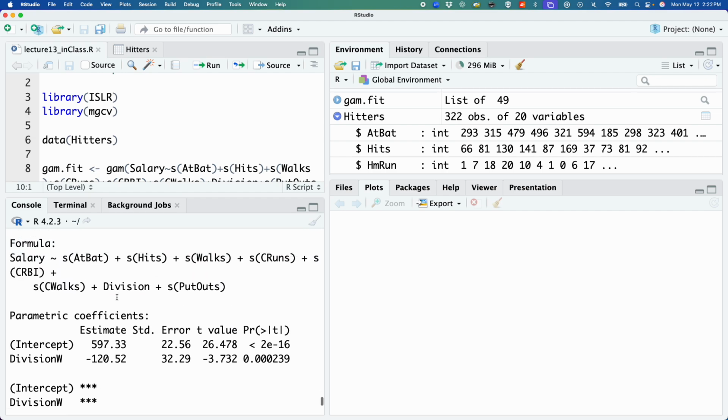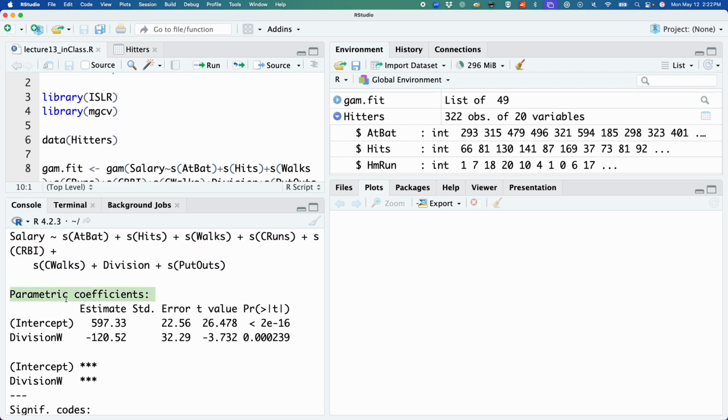you get two sets of results, one with parametric coefficients, the things that I left as parametric and did not apply a spline to, which was just one variable, the division, the discrete variable. That will give me a still regular linear beta coefficient that I can interpret.